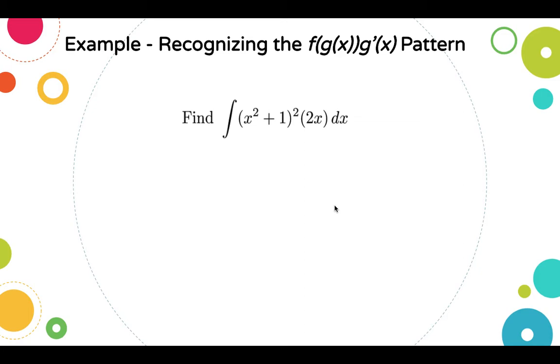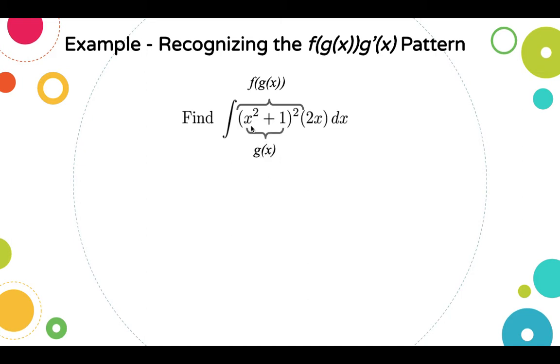So using this pattern, recognizing it, I look at this one here, and here is my composite function. I have something raised to the second power. So my f would be x squared, and my g is x squared plus 1, and then we're squaring that.